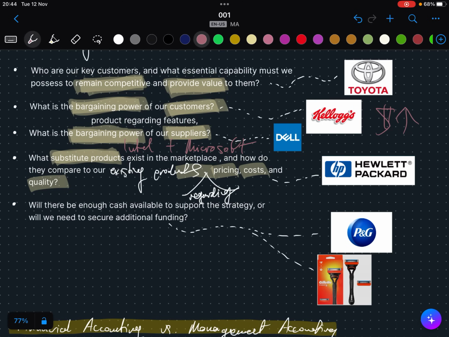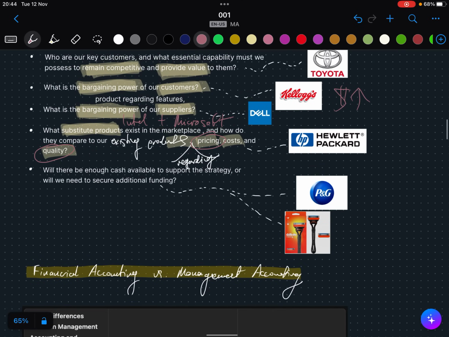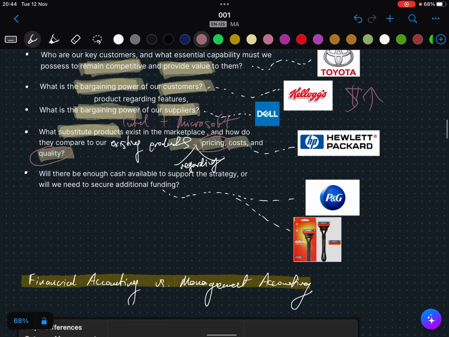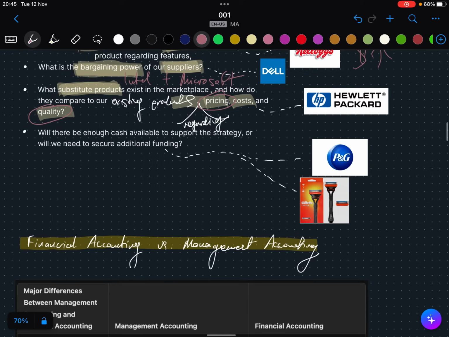Of course, before they switch, they have to check to see if the quality is the same, whether the pricing is substantially lower, etc. Finally, will there be enough cash available to support the strategy, or will we need to secure additional funding? Well, when P&G decided to buy Gillette, they had to issue new debt and equity to fund this acquisition.